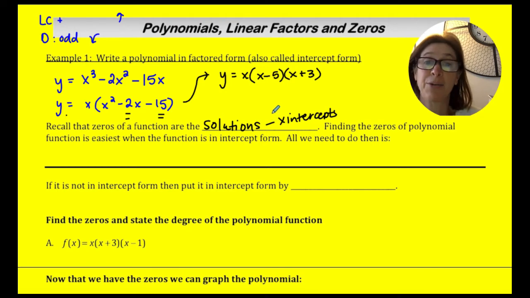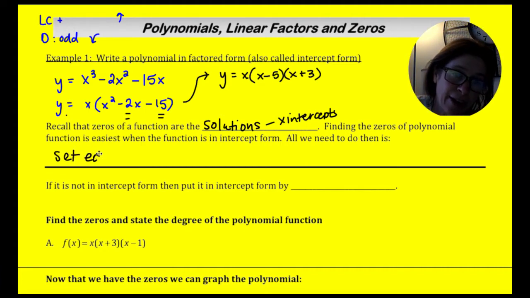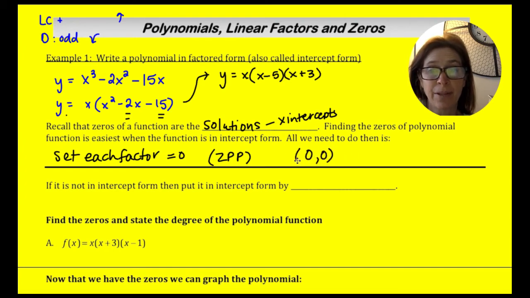And we then apply the zero product property. So let's see, set each factor equal to 0. So applying the ZPP. Okay. All right, so in this case, we can see that our zeros would be (0, 0), (5, 0), and (-3, 0).